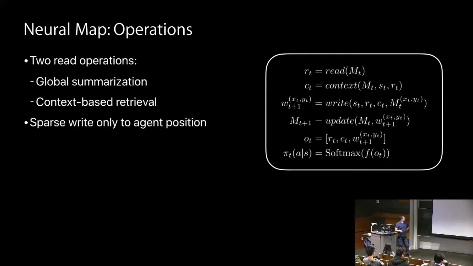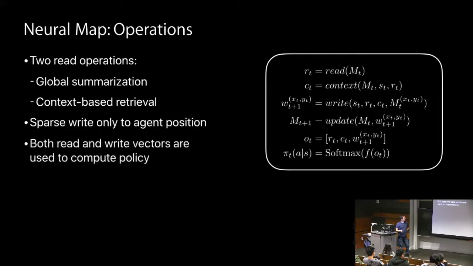We also have sparse write with only agent positions, and then we're basically using the read and write vectors that we get to compute the policy. So there are a whole bunch of architectural choices you could make, like do you really need the global summarization? Do you need the context-based summarization? Do you need both read and write to compute the policy and so forth? There's a bunch of things you could probably do better.